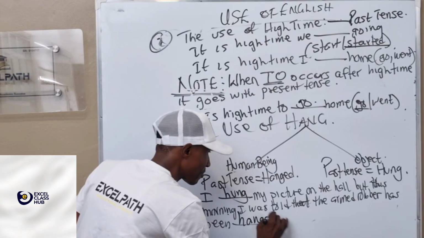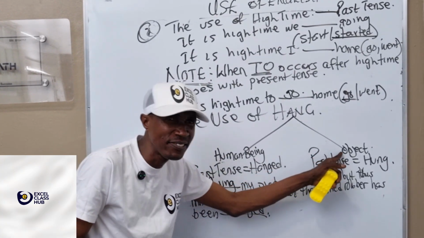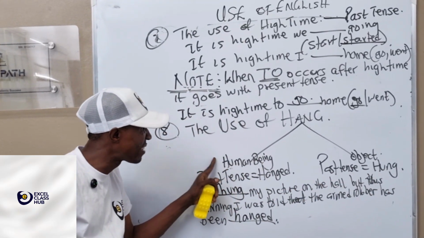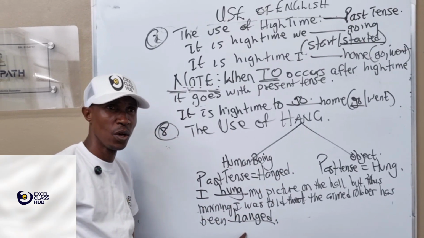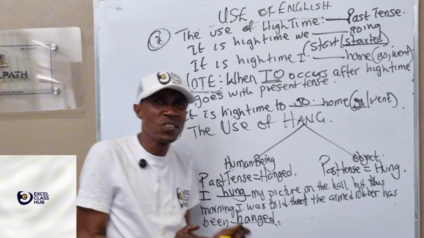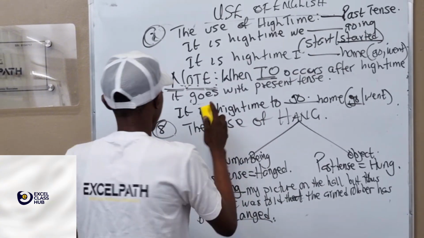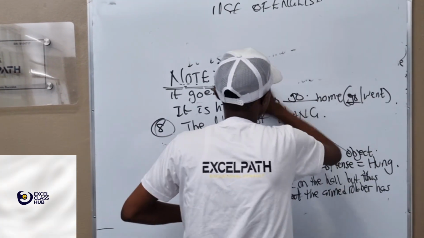Hanged. So when the question is related to an object, past tense hung goes. When it is related to a human being, past tense hanged goes. So these are principles that you are expected to what? To note. That is principle 8. Let's go to the next one, principle 9.